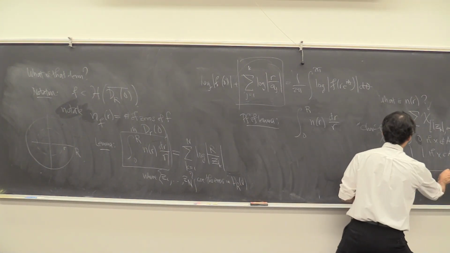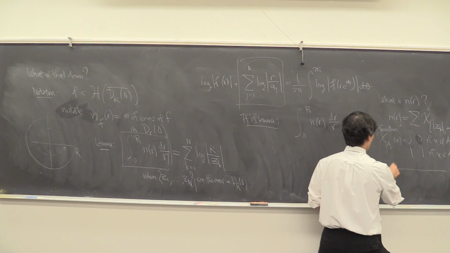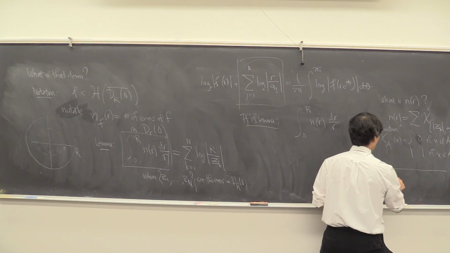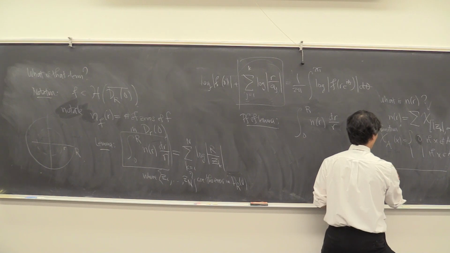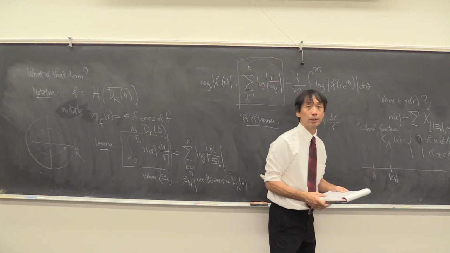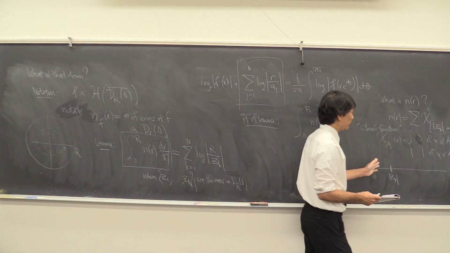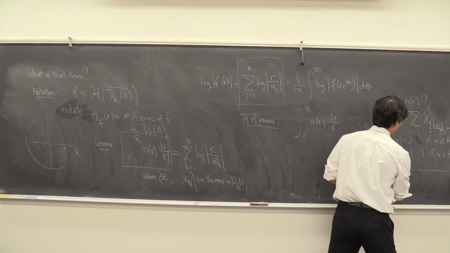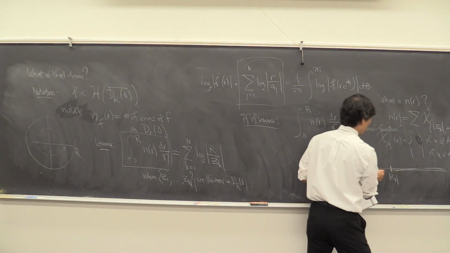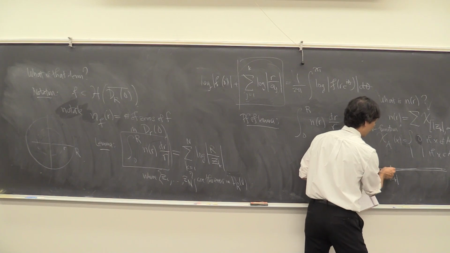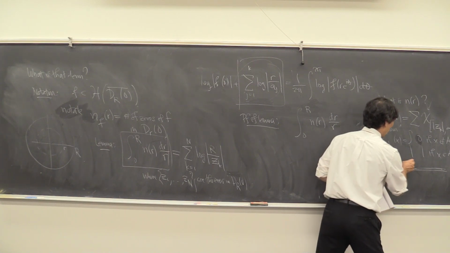So you take the size of each of the zeros, and you create a function that is 0 before then and 1 afterwards.